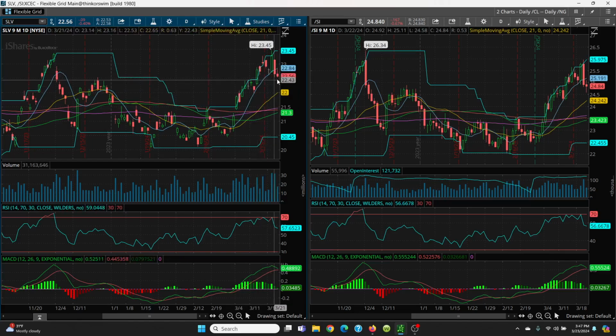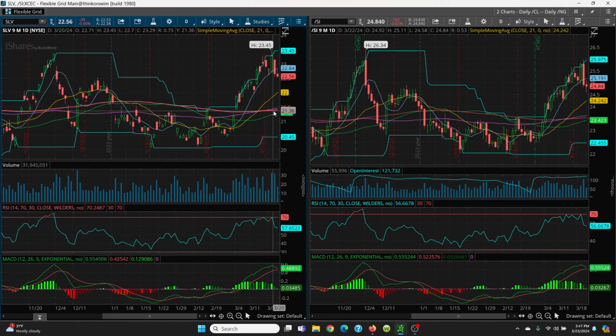So when you look at this, if it keeps selling on down, you can watch your 21 day. There is a gap down here at 21.39, and then there's a fill here at 21.28. So you have your gap and your fill again, but the charts are very similar. If silver does fall down, watch that 21 day to see if it holds.